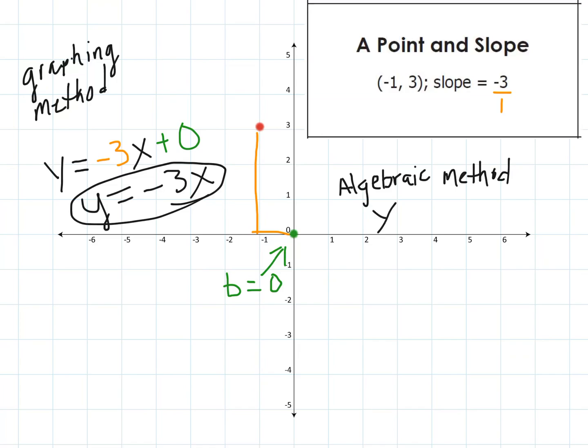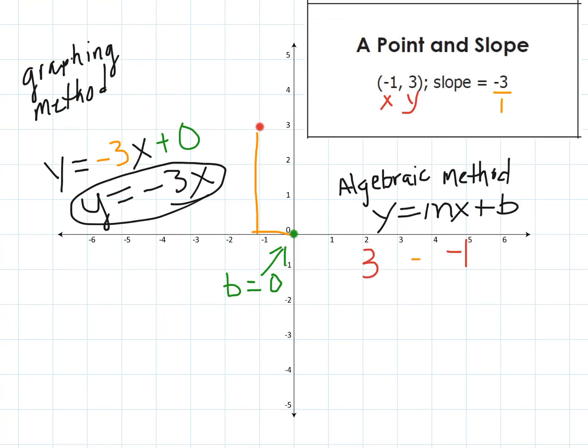So what I'm going to do is write my slope-intercept form of this equation. I am going to identify my x and y values from the ordered pair, and I'm going to plug them in the correct place. -1 goes here, 3 goes here.